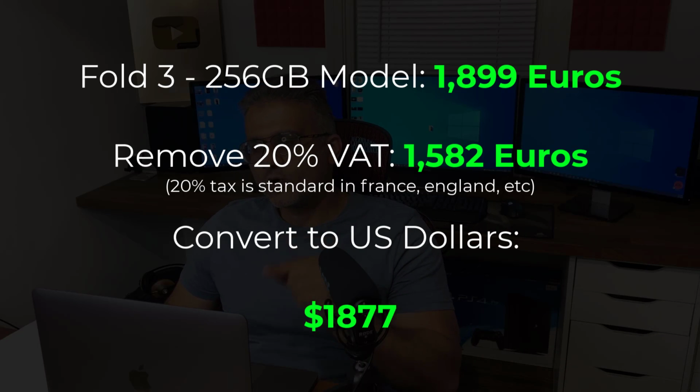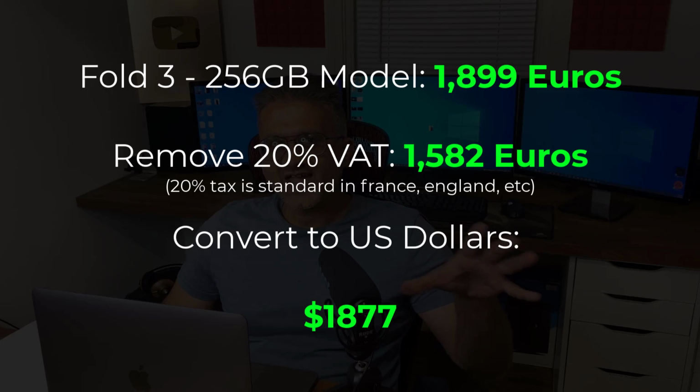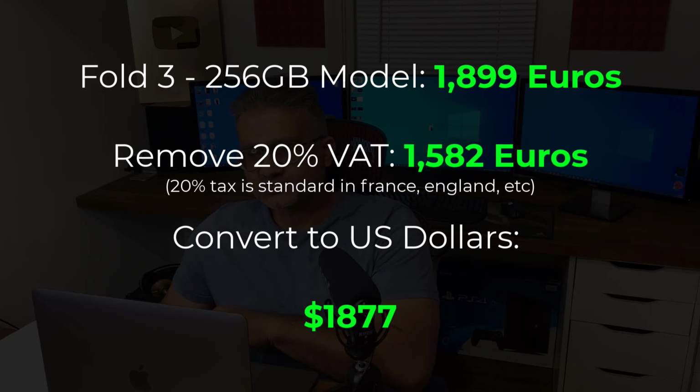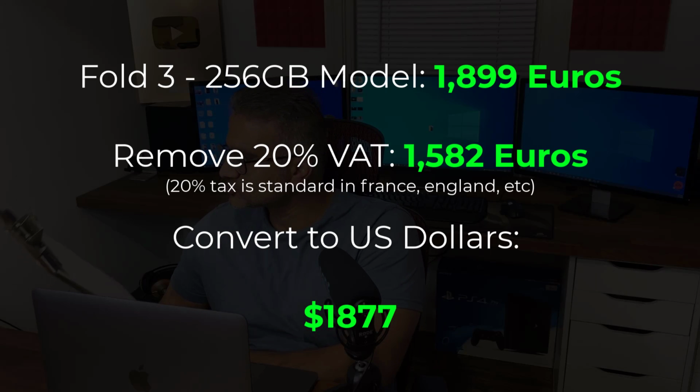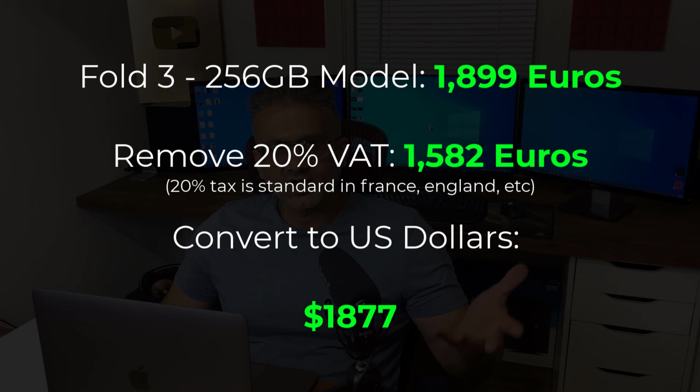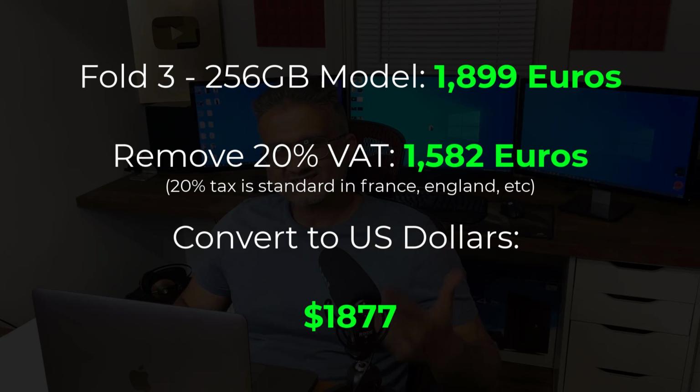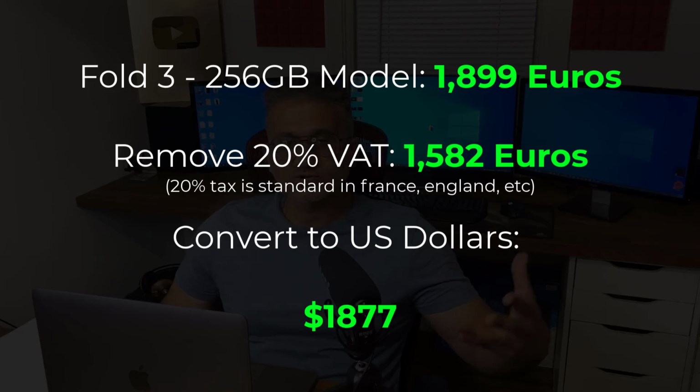So if we take off 20% from 1,899 euros, that's the tax-free price, that's going to be 1,582 euros. Now when you convert that to US dollars, what you do get, I have a couple numbers written down here, you are getting $1,877. So we're looking approximately around $1,800 for the starting Fold 3.